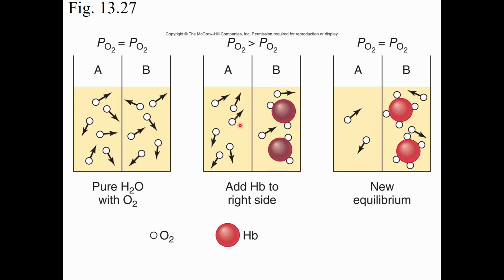So an O2 molecule is going to come over, and it's going to bind, no longer exert PO2, that lowers the PO2. Another one's going to come in and bind, that lowers the PO2. But once our two hemoglobin molecules are bound up with oxygen, and the PO2 is equal, then no more diffusion occurs.